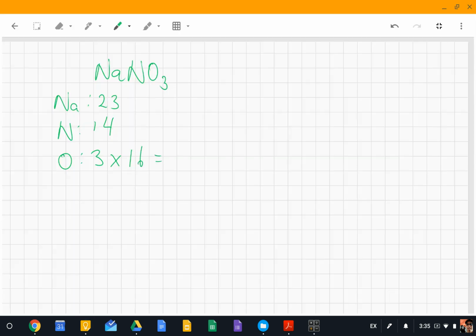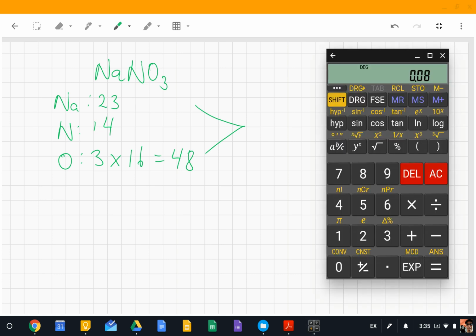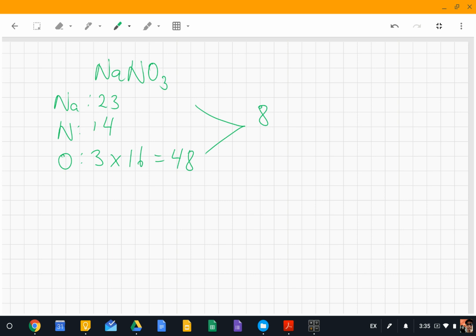So 3 times 16 is 48. If we add all of those together, 23 plus 14 plus 48 is 85 grams per mole.